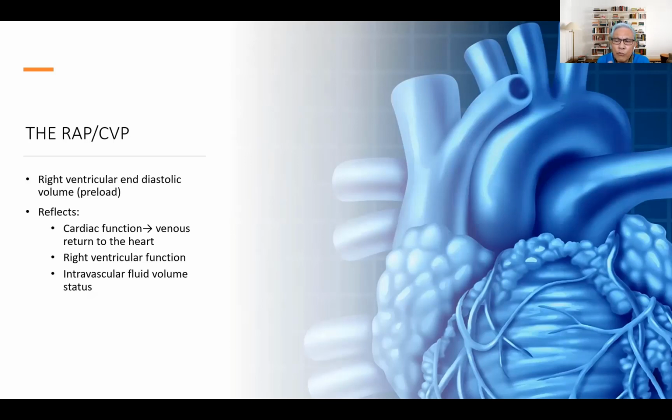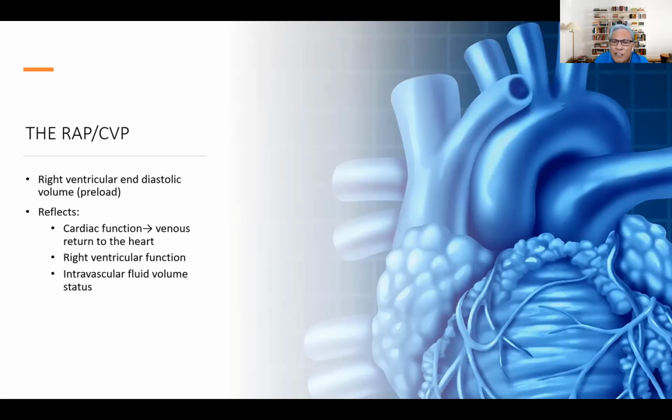The other thing is, of course, it's valuable to access this particular chamber of the heart in order to administer drugs through central circulation. It could also be a substitute for intravenous access for patients who have poor peripheral access. So the CVP and the right atrial pressure represent right-sided preload, or the volume of blood found in the right ventricle at the end of diastole.